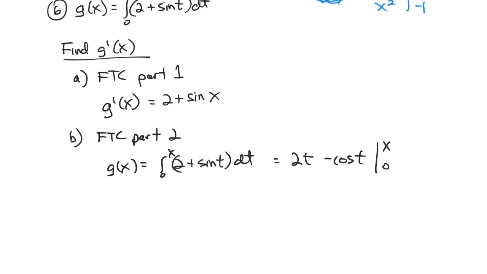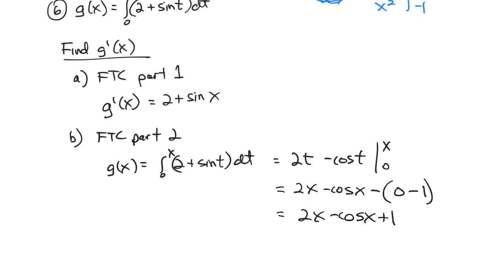Now we're going to plug in the limits of integration. So we're going to get 2x minus cosine of x minus, now I plug in a 0. 2 times 0 is 0. Cosine of 0 is 1. So this is equal to 2x minus cosine of x plus 1. That's g of x.